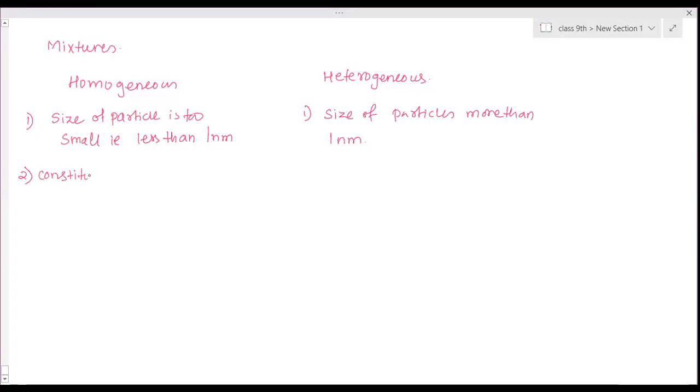Ma'am, the substances are uniformly distributed. Yes, constituent particles are not visible by naked eyes.